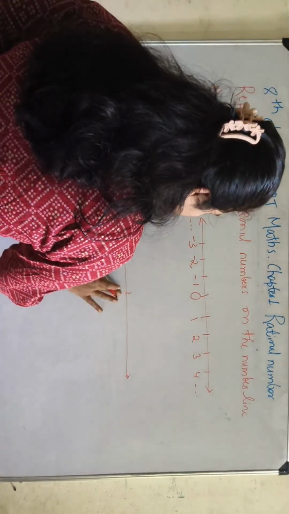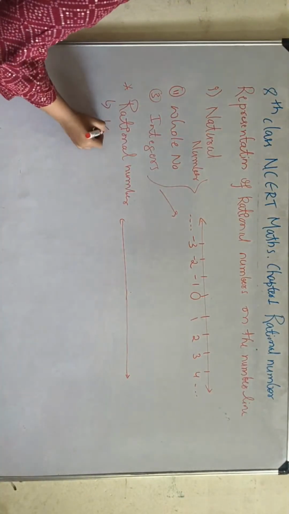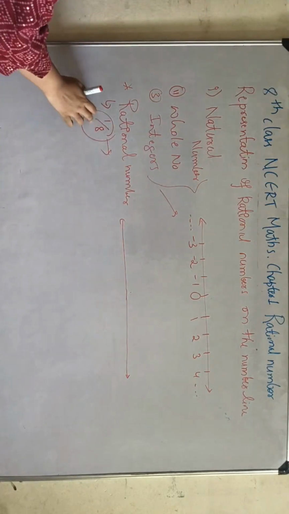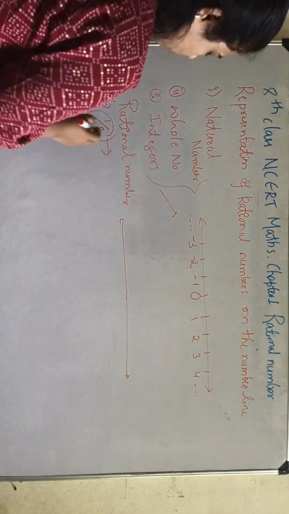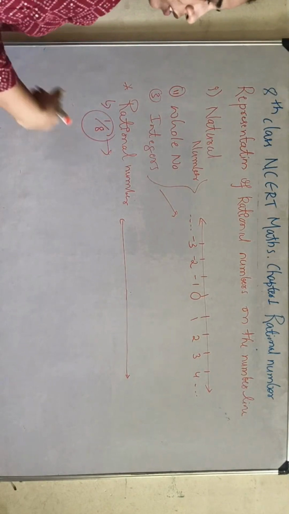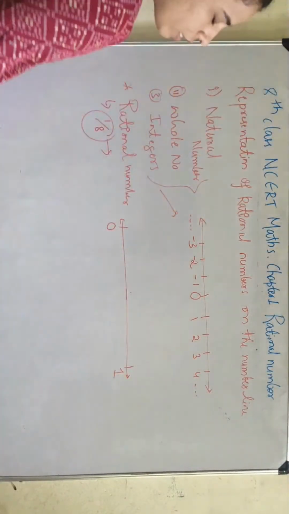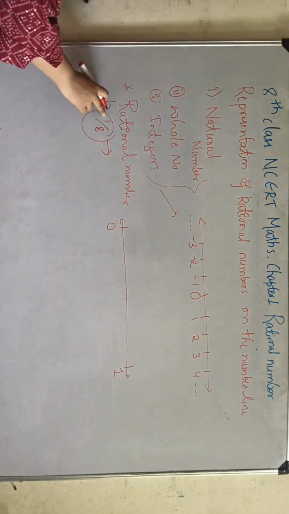So now take, for example, 1 by 8. I want to represent this on the number line. This 1 by 8 is in the form of P by Q or the fraction form. So what we have to do? See, the 1 by 8 lies between 0 and 1. I have to take 0 here, 1 here. The denominator is bigger and the numerator is small.